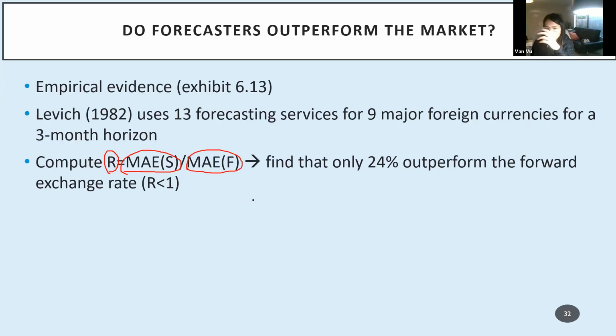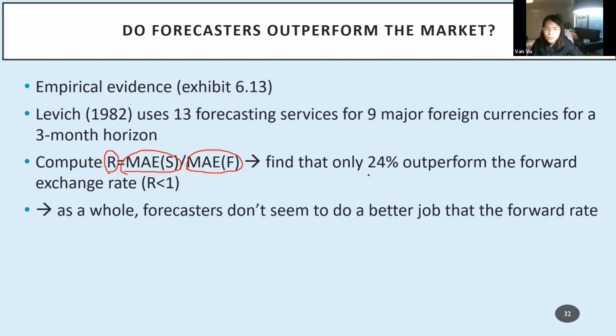What they found was that only 24% of the time did the forecasting services outperform the forward exchange rate. That means for 76% of the time, the forward exchange rate actually outperforms the more aggressive forecasting services. Overall, it looks like these forecasting services underperform the forward rate.